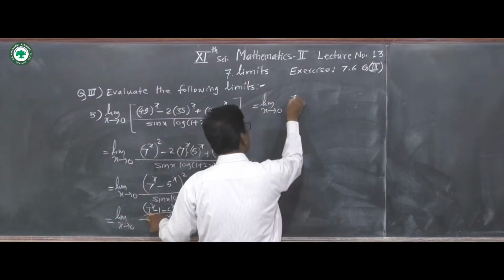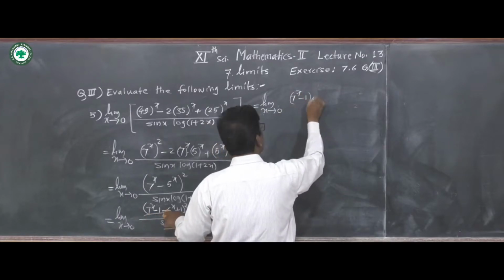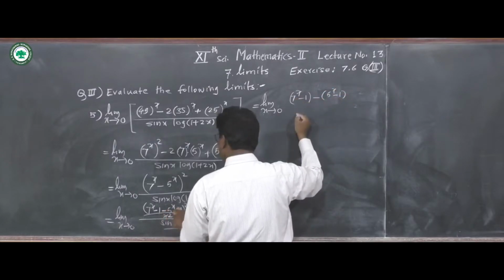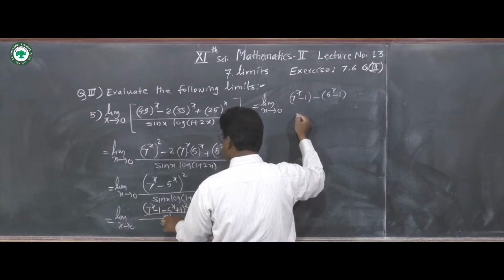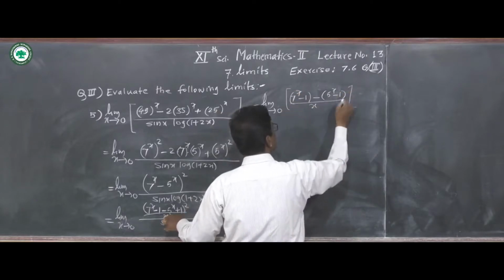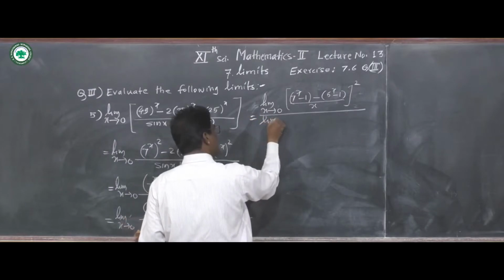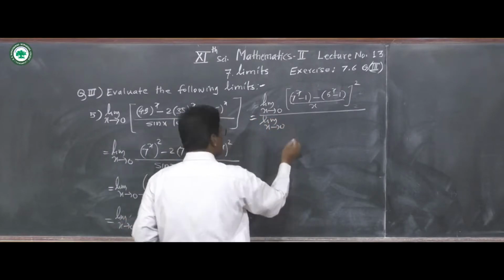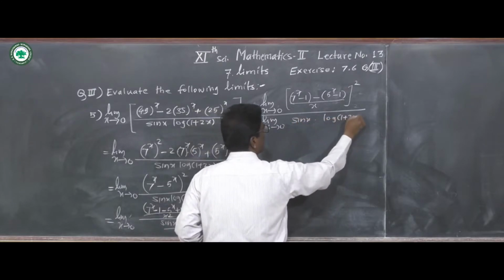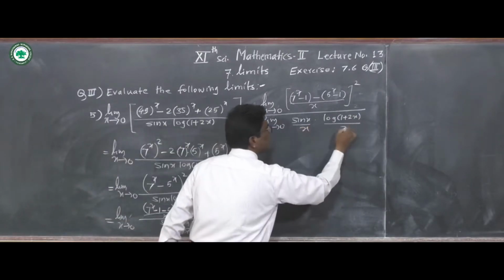Now here 7 to the power x minus 1, and take the minus sign common, minus in the bracket 5 to the power x minus 1, and this bracket squared, divided by x square, we write here divided by x and whole square, upon limit as x tends to 0 sin x into log of 1 plus 2x, and this x square divided by x square, we write here x and here x.